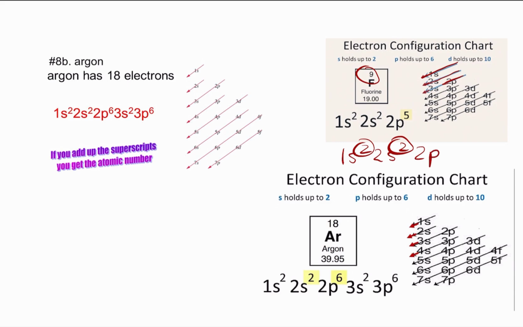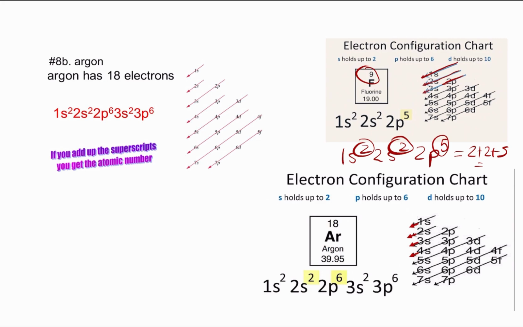Now remember, p holds a maximum of 6, but we don't need those full 6 electrons. We only need 5. So we can just put a 5 here, and that is the electron configuration of fluorine. And if you add that up, you get 2 plus 2 plus 5 equals 9, and that's the number of electrons in fluorine, right?